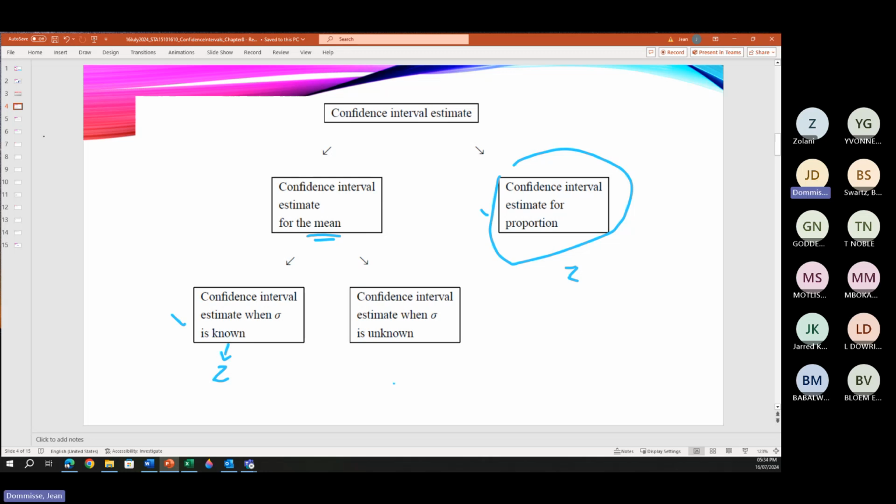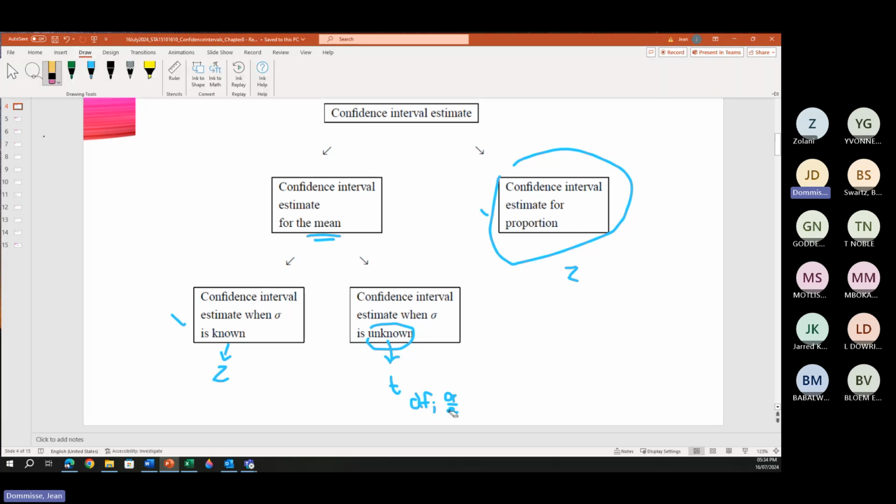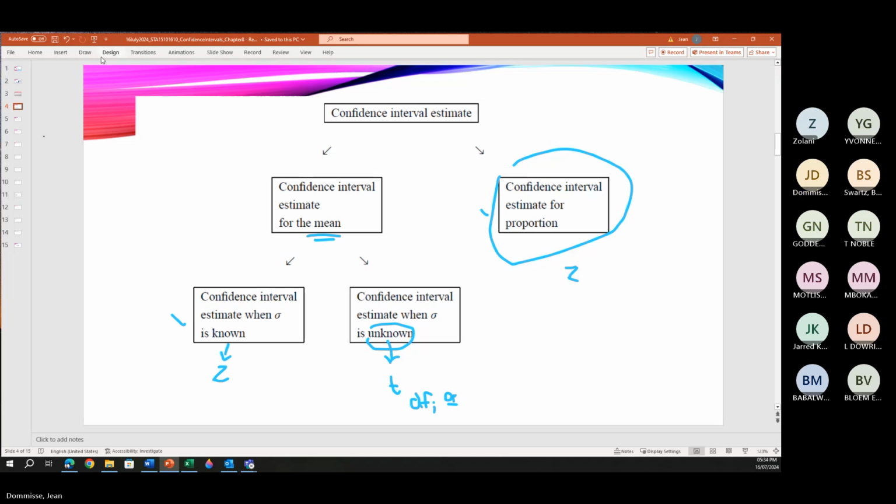If the standard deviation is unknown, we will work with a t value. Okay, and then when we work with a t value, what then becomes important is things like the degrees of freedom, and then that significance level that they will share with us. But the formula for that is the significance level divided by 2.